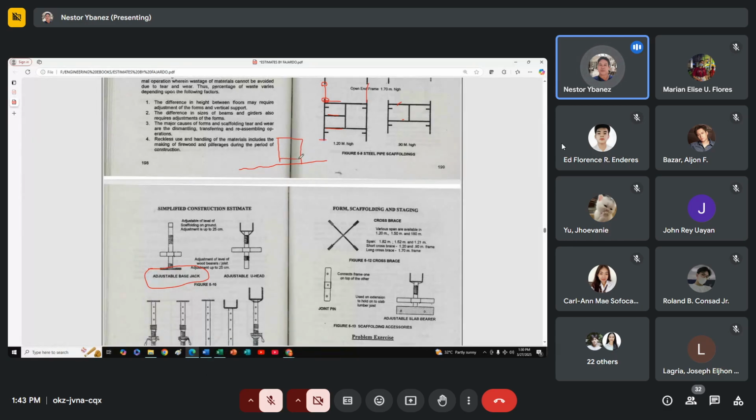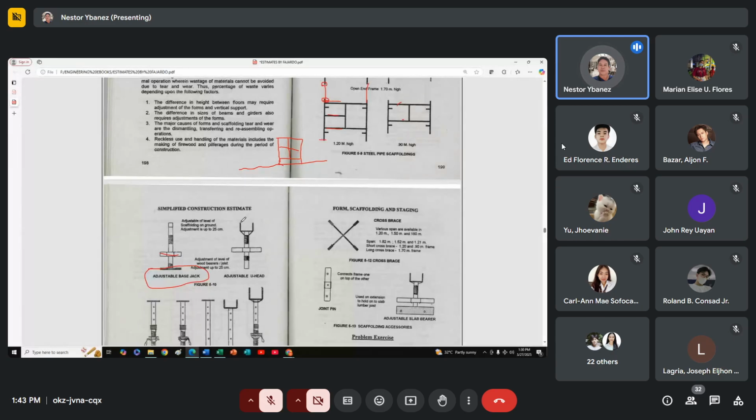So in order for them to be level, this adjustment will be turned, this will go up or go down.